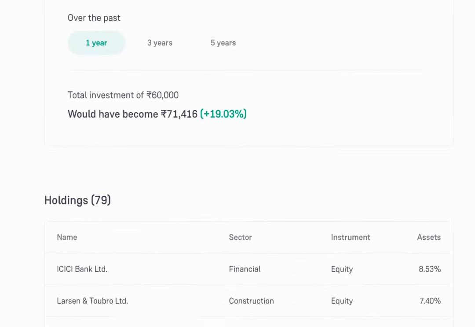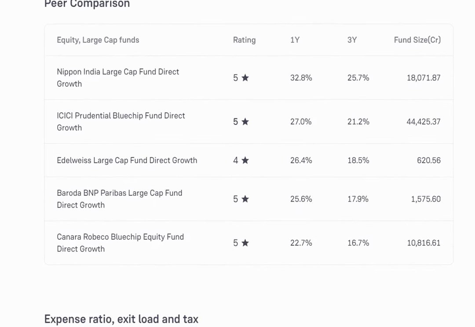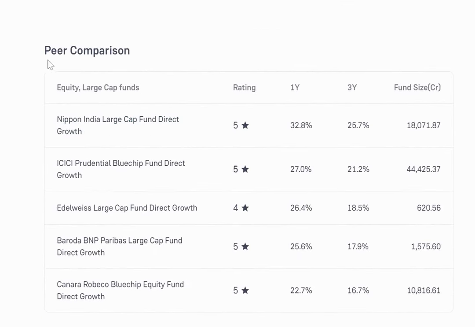You can also compare different similar mutual funds. Here in peer comparison, you can do different kinds of mutual fund comparison. The same kind of mutual fund, large cap, these are all large cap funds. Here you will get the rating for every mutual fund: 1 year growth rate, 3 year growth rate, and fund size.